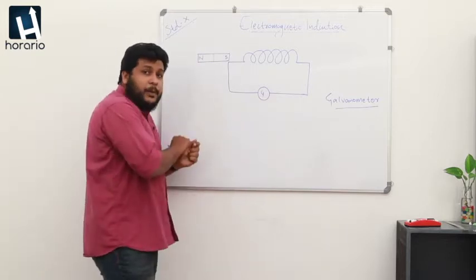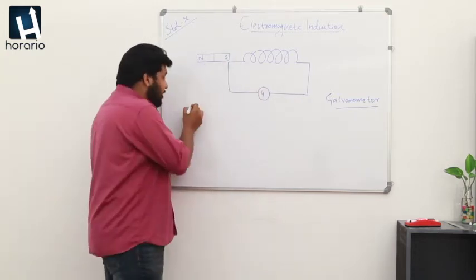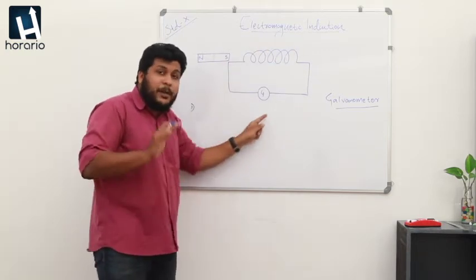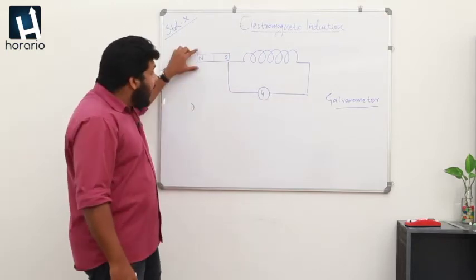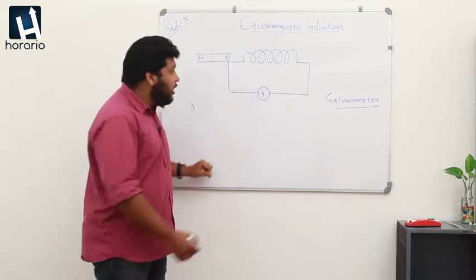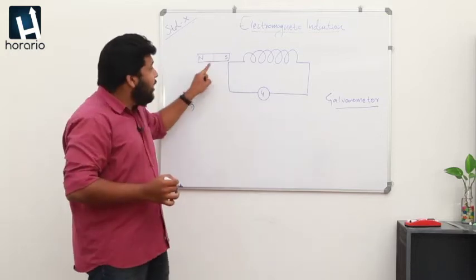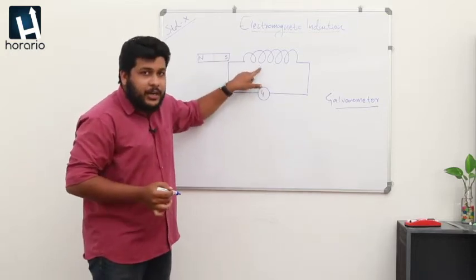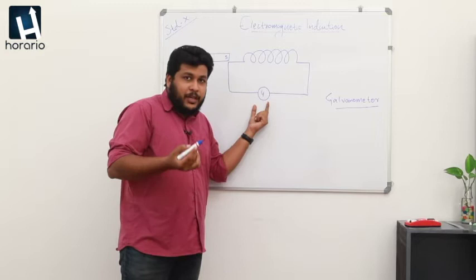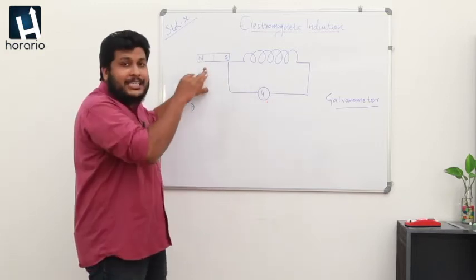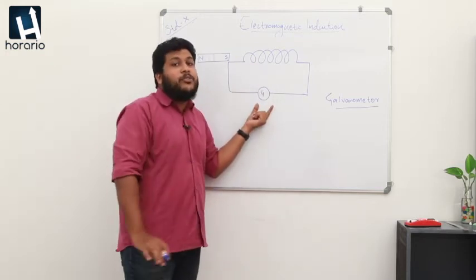In this experiment, we are going to pass this magnet into this solenoid. The first time, this circuit is placed stationary and the magnet is passed into the solenoid. When the magnet enters the solenoid, we can see a small deflection in the galvanometer. In the first instance, when the magnet entered the solenoid, we noted a small change of values in the galvanometer, which means that when a magnet with a magnetic field passed into a solenoid, it resulted in the formation of a small amount of electricity.